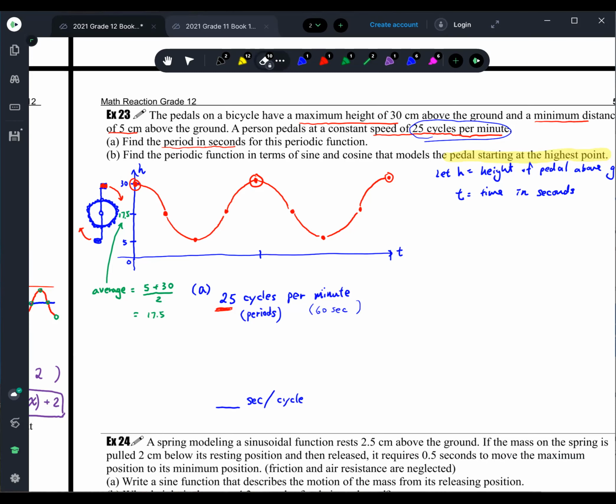Jenny, what do you think? How many seconds for a cycle? 2.4. Okay, can you tell us how you got 2.4? She says divide 60 by 25.